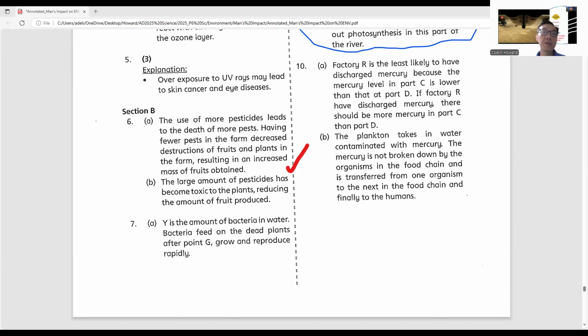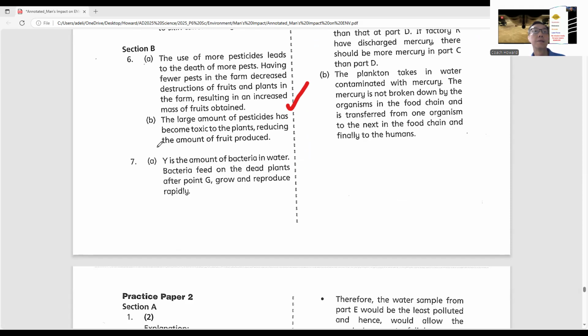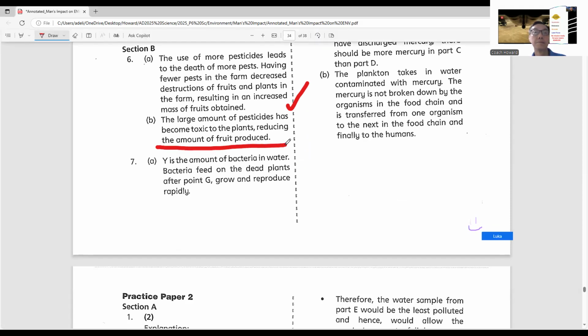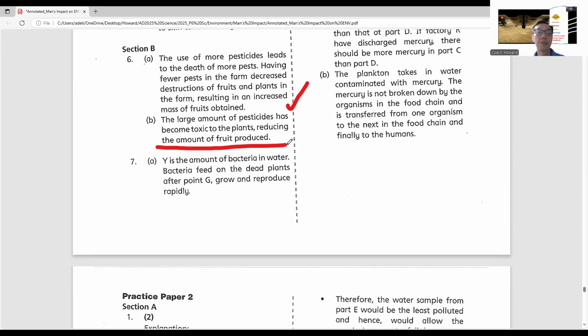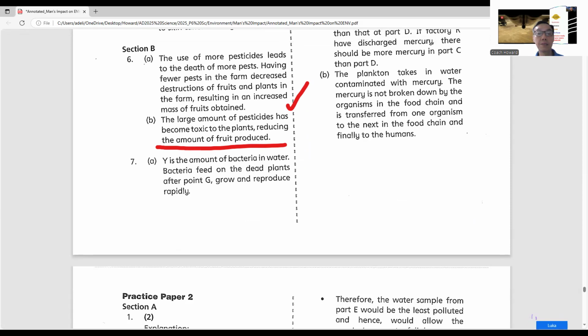So they reduce the amount of fruit produced, as mentioned in this part. So you get the answer down for A and B. And then later we talk about question C.